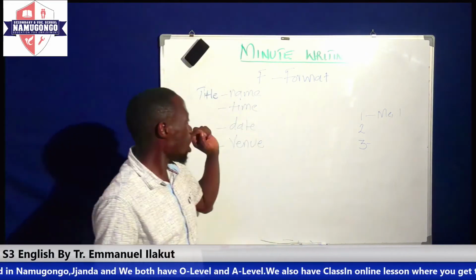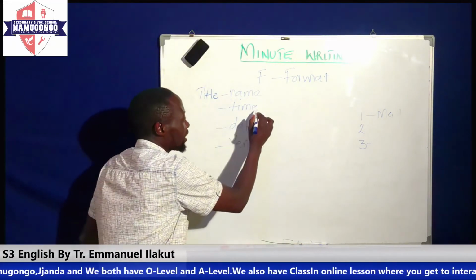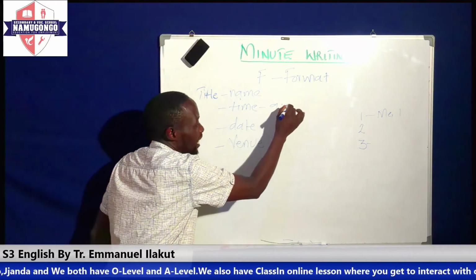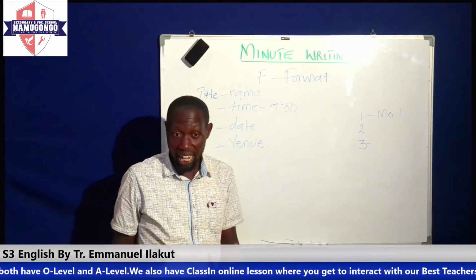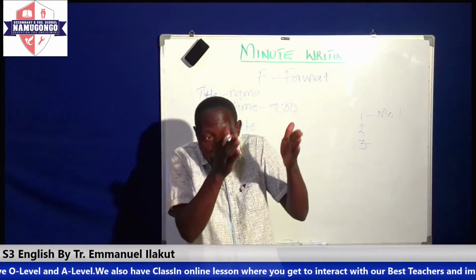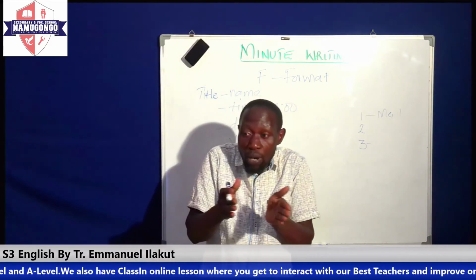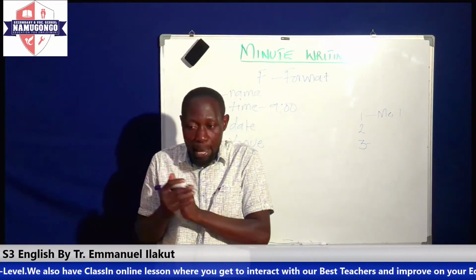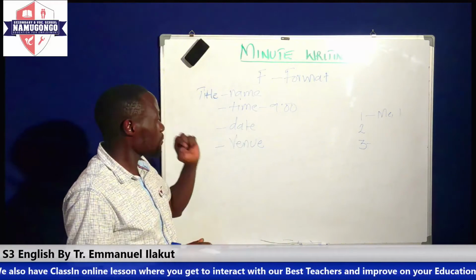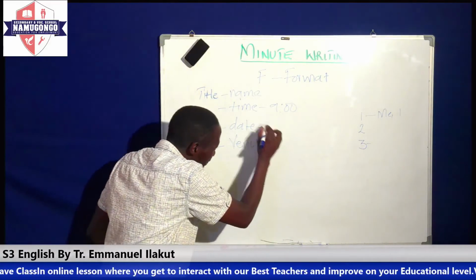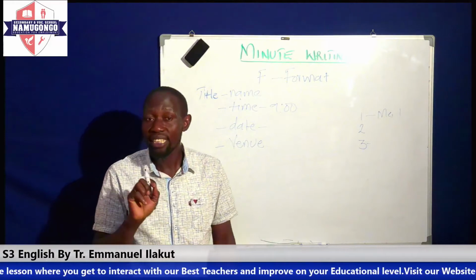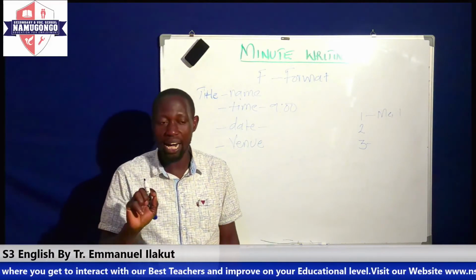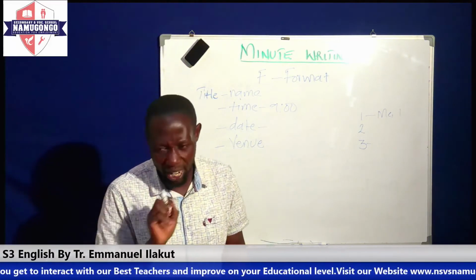The time of the meeting was at 9 a.m. And of course here, it started from 9 and was supposed to move up to 2 p.m. The date of the meeting, as shown in the title, happens to be 2nd November 2021.